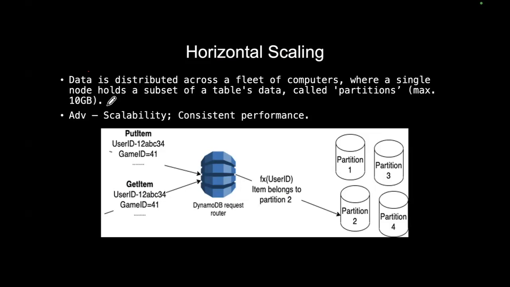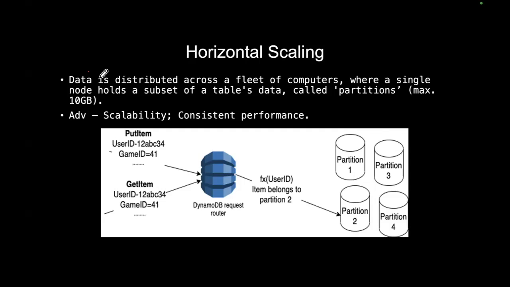A partition is simply a node, a computer within a fleet of nodes. And the reason it does that is it's nothing to do with availability. It's got to do with consistency of performance, as in when you do read operations, you get a reasonably consistent response time.